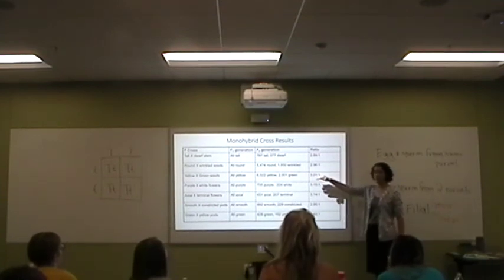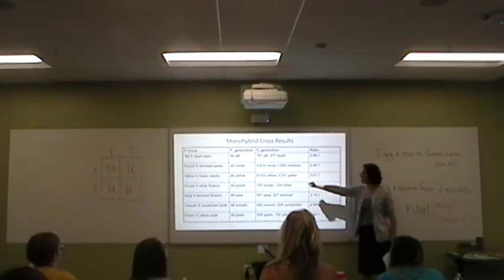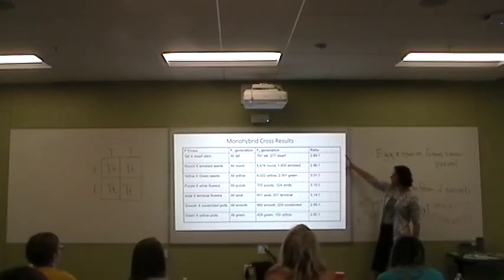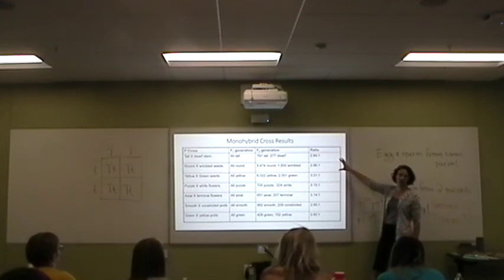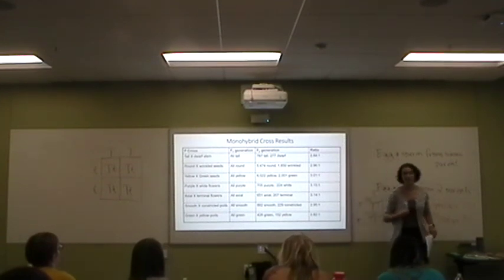He got pretty darn close here, right? But he also counted 8,000 seeds for this particular trait. These others are a little bit off. I've already mentioned this a little bit earlier this week, but we'll see how we can take these values and determine if they are consistent with the 3-to-1 theory or if they are too far away and something else is going on genetically in these plants.